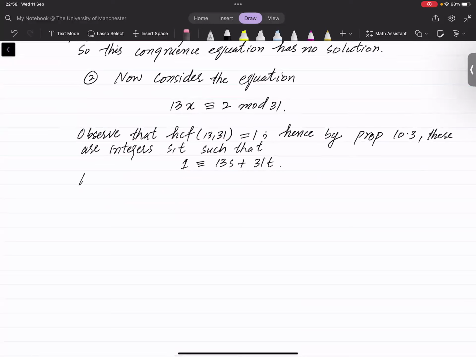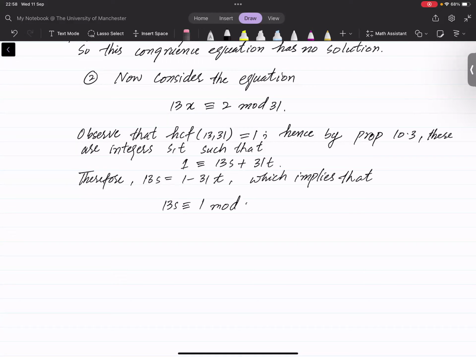Therefore, 13s is 1 minus 31t, which implies that 13s is congruent to 1 mod 31.